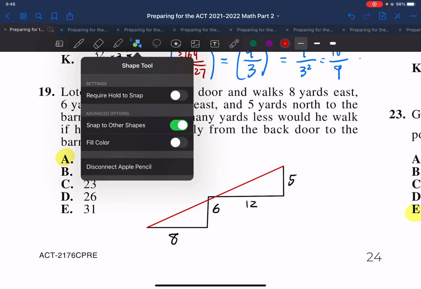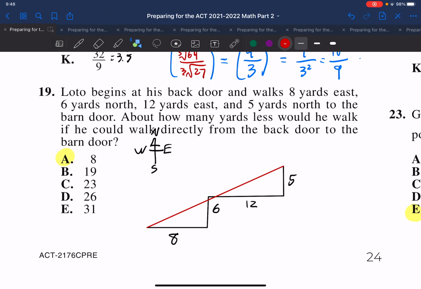And so the way we can think about this is to say, all right, how many total yards did he travel going this way? Well, in total, he went 20 yards. And then here to here, his total was 11 yards.